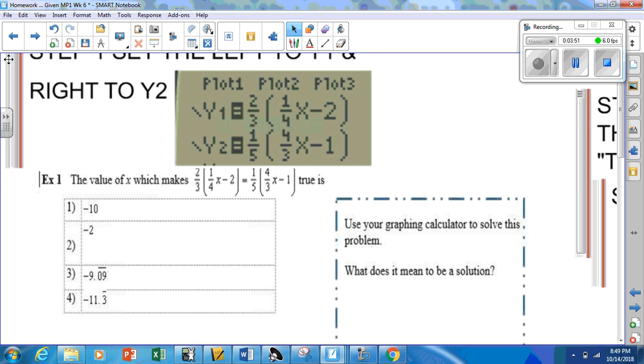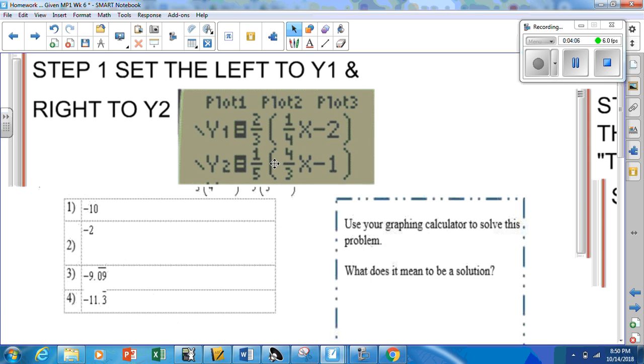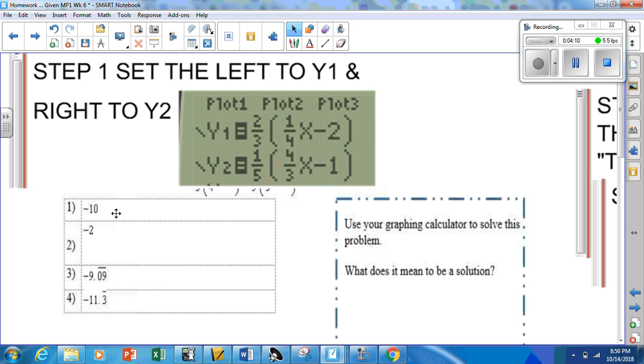Utilizing our graphing calculator requires us to remember this rule. Whatever is on the left side, we plug into y1. Whatever is on the right side, we plug into y2, and then we see where they intersect.